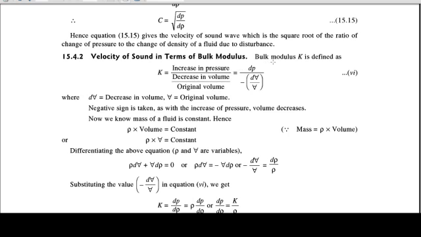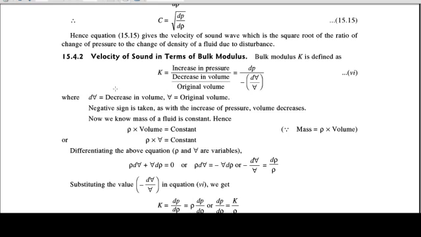So K must be equal to dP upon the decrease in volume upon original volume, meaning minus dV upon V. This is our sixth equation. dV shows the decrease in the volume and V is the original volume.